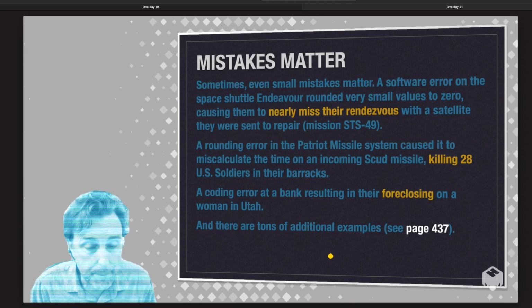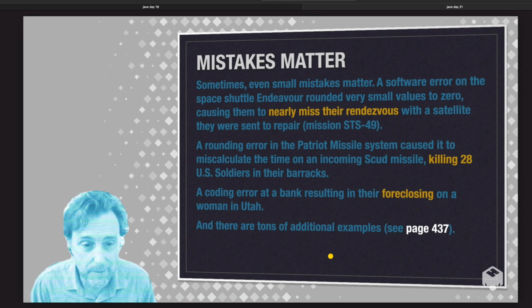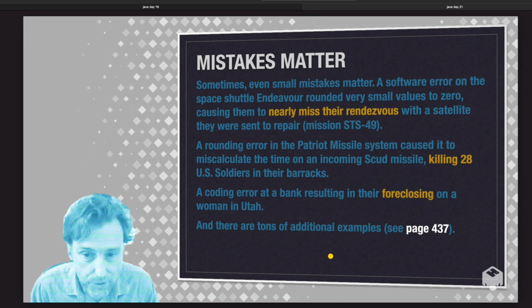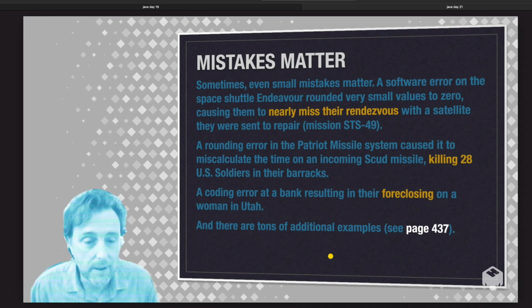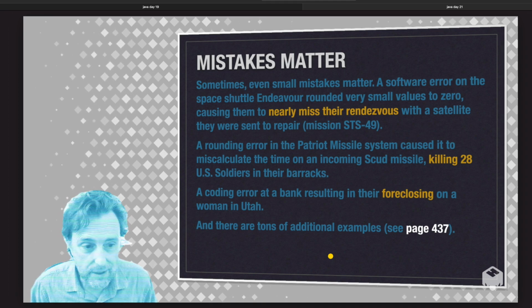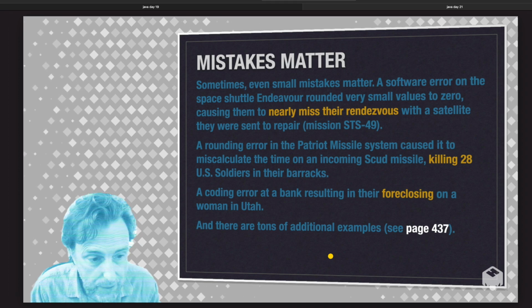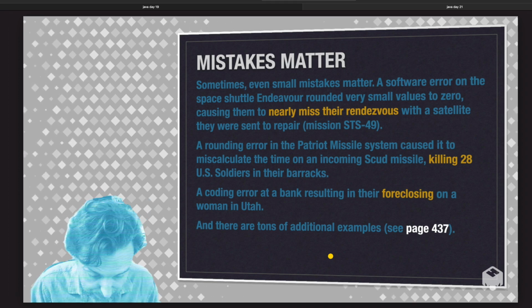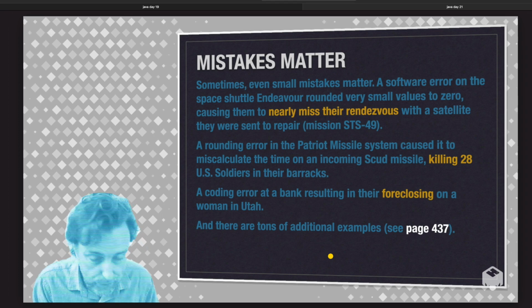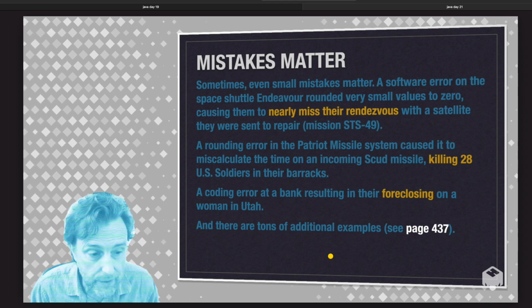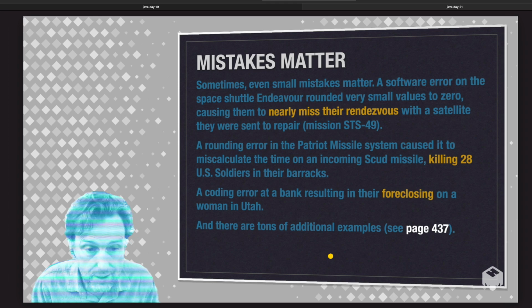There are other examples of coding errors at banks. There was an issue in the news where the bank foreclosed on a woman because of a software error, because I think as it ended up, it found that she hadn't fully paid off the house. There was still a penny or some positive amount that was left over, and so they foreclosed on the house. And it was their error.